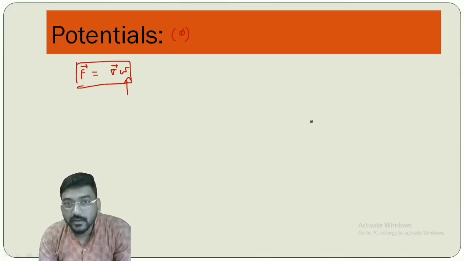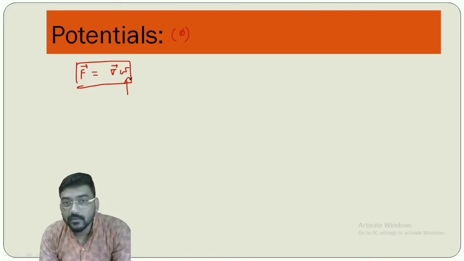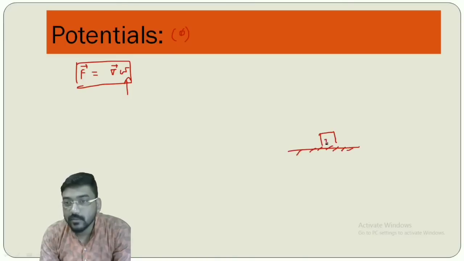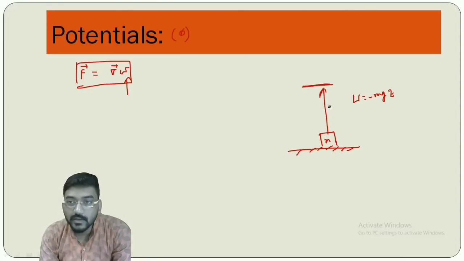Let me take an example to understand this potential. Actually this is the negative of w. Suppose here is an object of mass m, and if we lift this object to a particular height h, then the work done w is equal to minus mgz. In this situation, if you calculate the increase in potential, that will be phi, and that will be plus mgz.